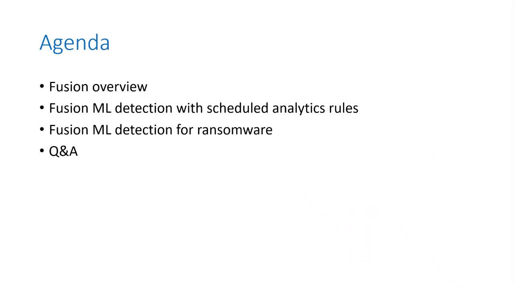I will give you a demo on how to set up the analytics rules so they can be leveraged by Fusion, and I will also quickly show you how to investigate a Fusion incident with scheduled analytics rules. There's also a new topic, because we've recently released Fusion detection for ransomware into public preview. I'll take a bit of time to talk about this new addition to Fusion as well. At the end, I will have some time for Q&A. So that's the full agenda for today's session.